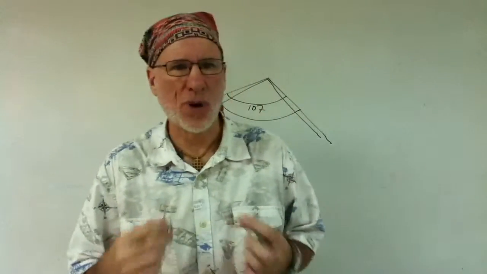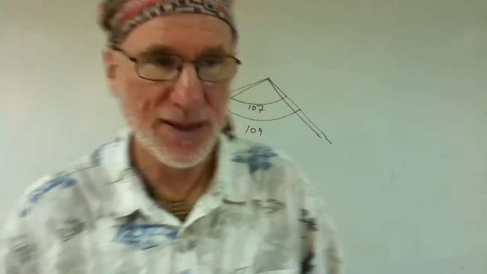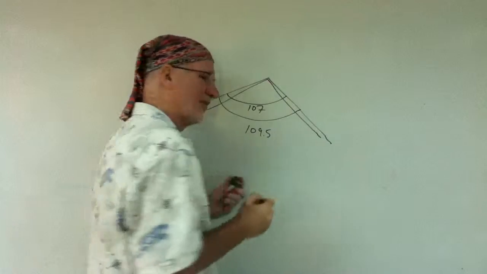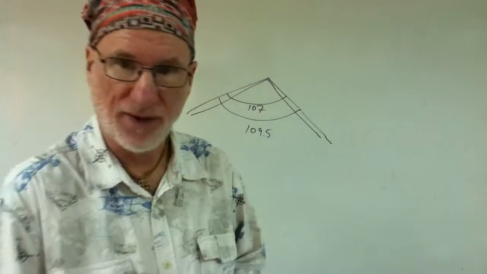We're just talking a couple of degrees. We're not talking a lot. First of all, it's approximate. Second of all, it depends on physical conditions. There's a lot of things that go on here. But the point is that it's not going to be 109.5 anymore. It's going to be something different. If this were perfect, that would be 109.5.